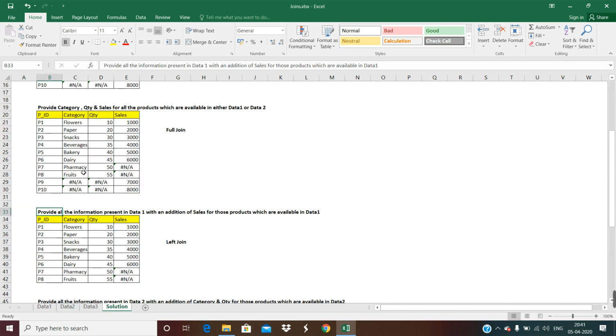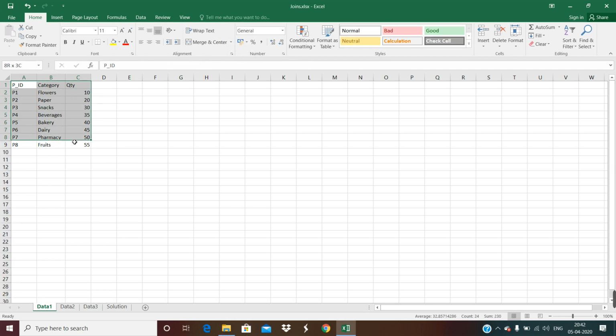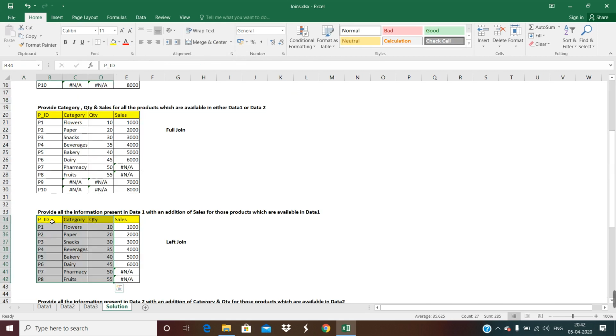Now the next question is, provide all the information present in data 1 with an addition of sales for those products which are available in data 1. So in a way, we want all the information from data 1. That is the first thing. So this is that information which is available in entire data 1, P1 to P8. At least this output itself, I've done a copy paste.